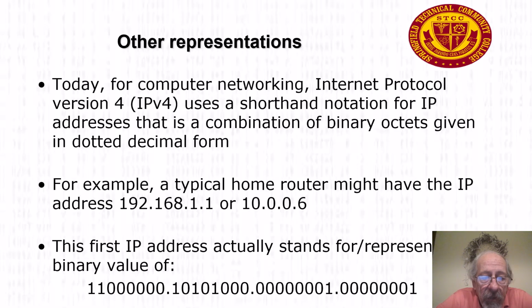The second one has a value of 64. 128 and 64 add up to 192, and the rest are 0 in that first 8 binary bits. You could do the same thing for the second 8 binary bits. It turns out to be 168. Then the last 2 groupings of 8 binary bits are both 1 and 1. So these IP addresses actually are 32 binary bits.